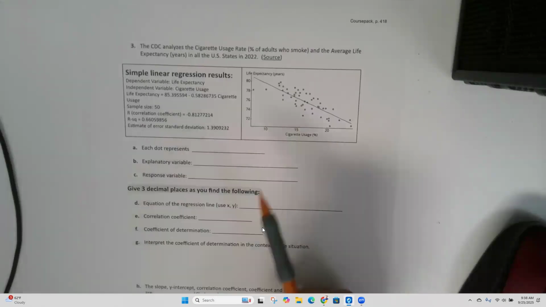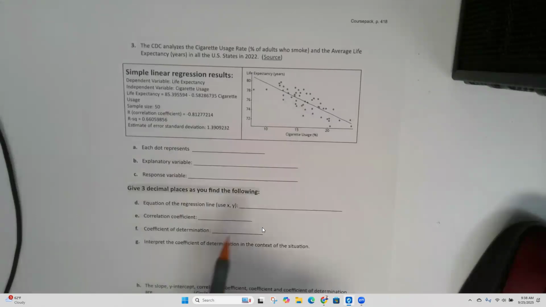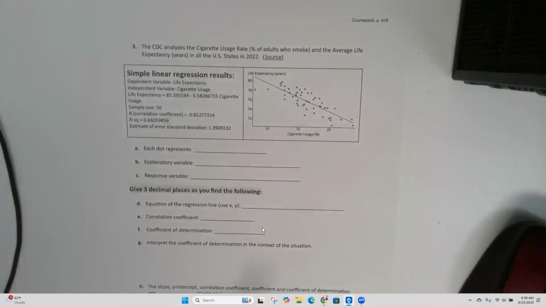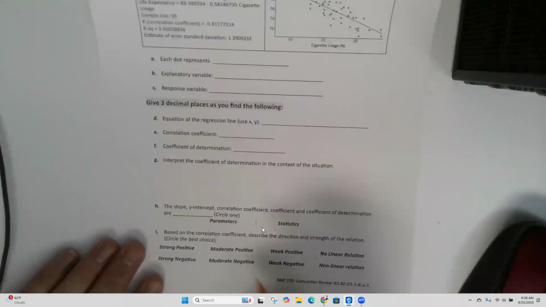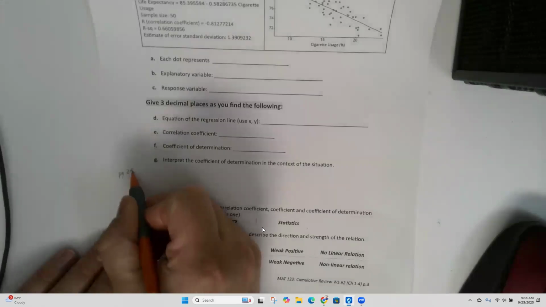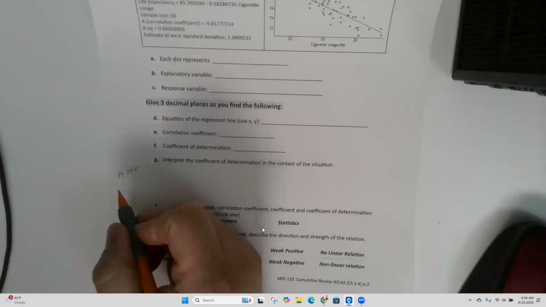The equation of the line is all in here. This part, interpret the coefficient of determination, page 255 at the bottom.